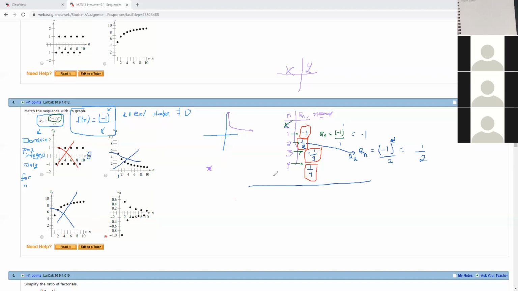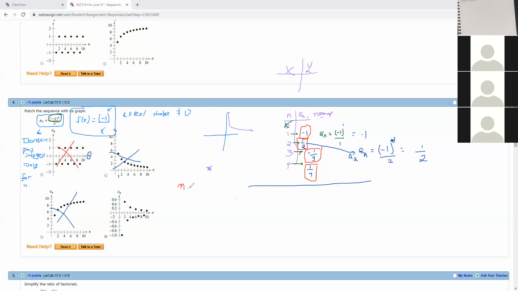No. Okay, good. And now I just want to show you a couple of other things here. One is just notation. Another way to write out the terms other than in a table form is just to write like this.